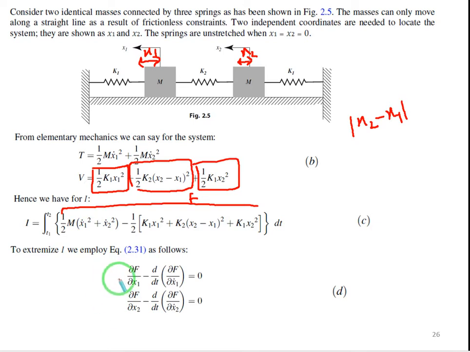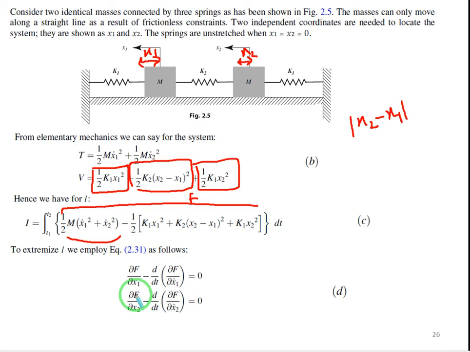The first differential equation can be obtained for x1, so we can say that the partial derivative of f with respect to x1, which can be calculated by this term, minus d over dt of the partial derivative of f with respect to x dot 1, which can be calculated using this term, is 0.